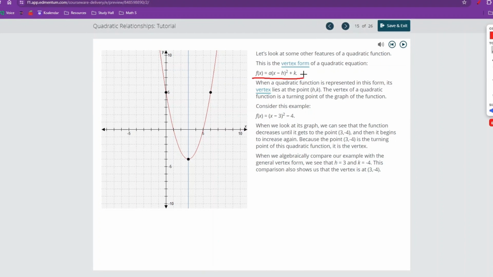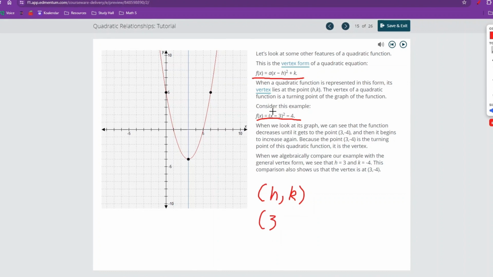And this is going to give you all the information you need as far as what your graph is going to look like. So our vertex is going to be at point h, k. So in the example that they give us here, if we look to see what our h is in this case, it's going to be 3.